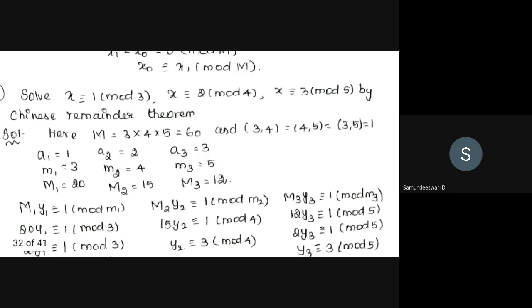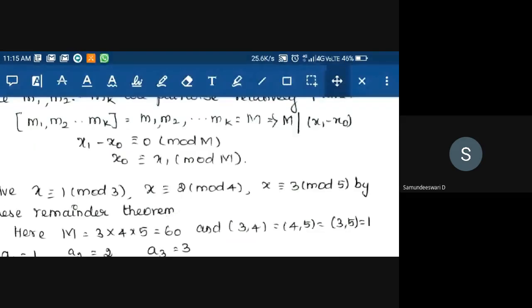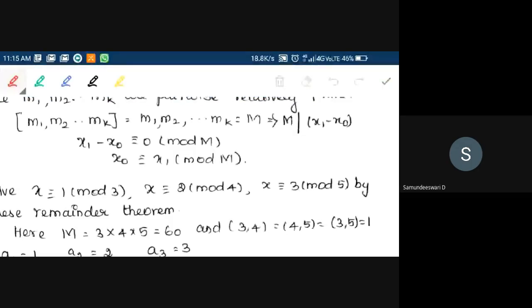In this problem, after finding capital M, you have to check the GCD among the mod values: the GCD of small m1, m2, the GCD of small m2, m3, and the GCD of small m3, m1. So this is m1, this is m2, this is m3.